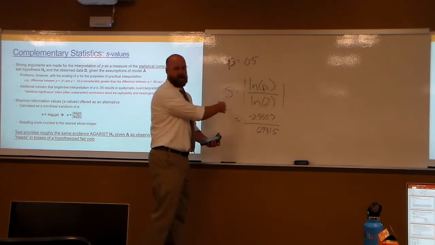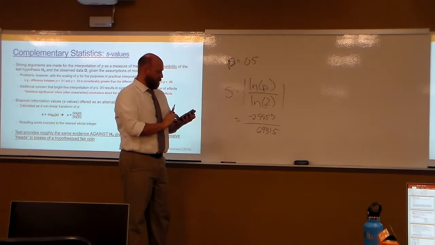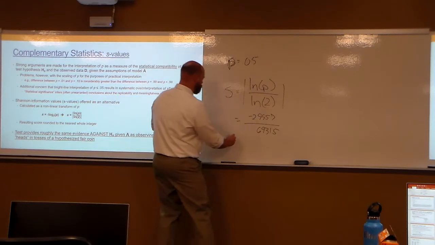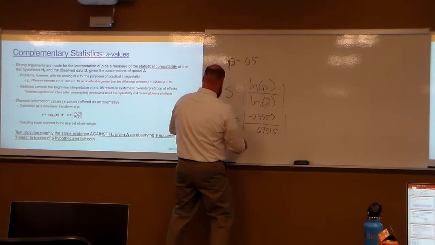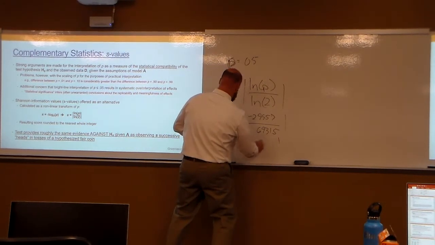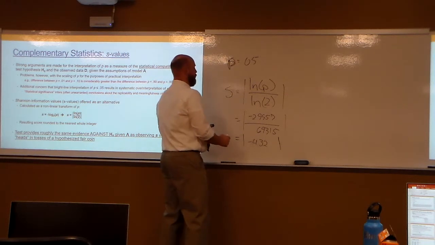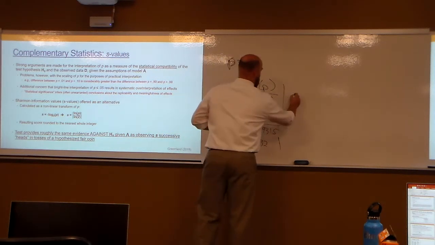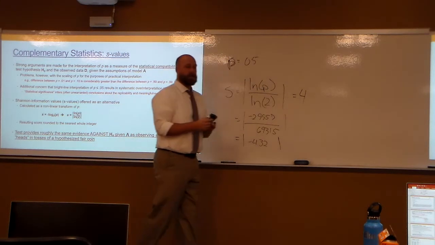I'm just carrying these out so you guys can see this, right? And then if I divide those two, it's going to give me the absolute value of negative 4.32. Okay, and then we're just going to round that to equal 4.